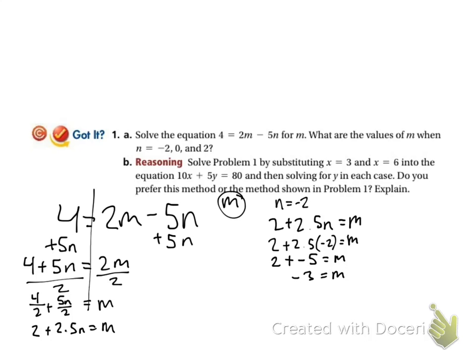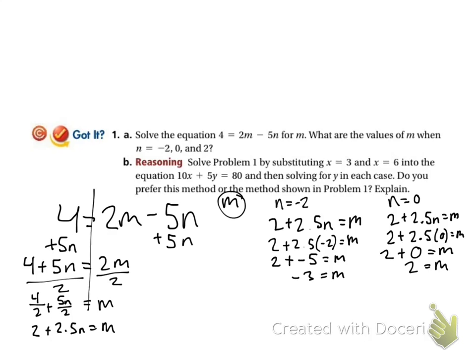And then I'll plug in 0 for n. 2 plus 2.5 times 0 equals m. 0 times anything is just 0, so I get 2 plus 0 equals m. So m is 2.